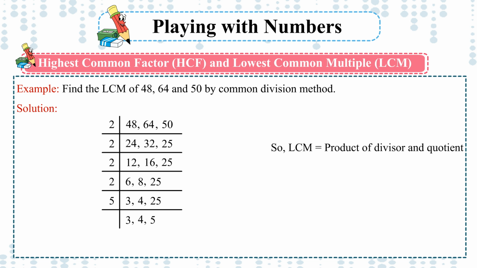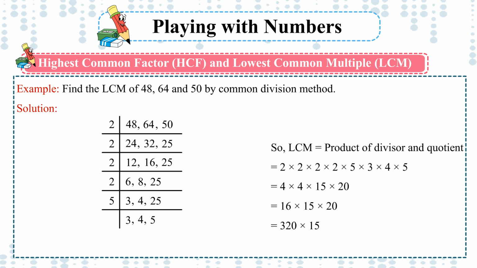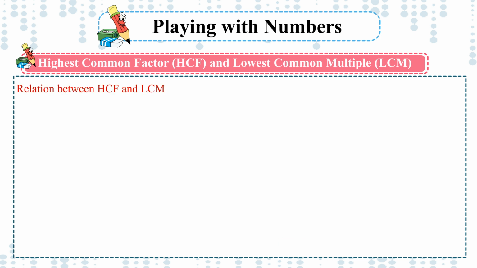So, LCM is equal to the product of divisors and quotients, which is 2 multiply 2 multiply 2 multiply 2 multiply 5 multiply 3 multiply 4 multiply 5 is equal to 4 multiply 4 multiply 15 multiply 20 is equal to 16 multiply 15 multiply 20 is equal to 320 multiply 15 is equal to 4800.